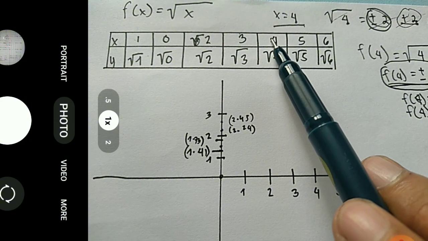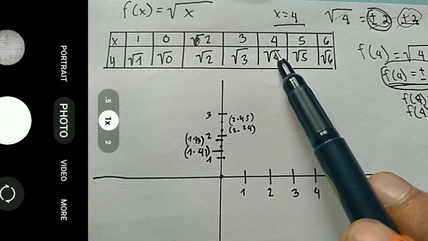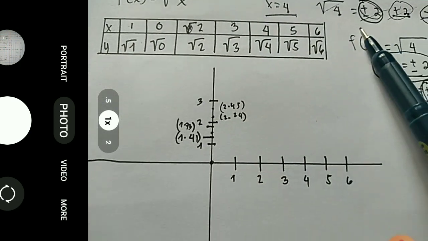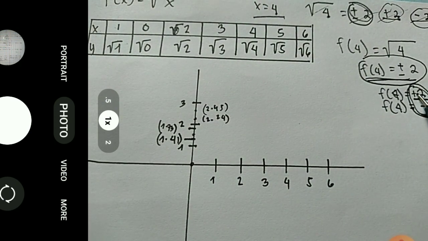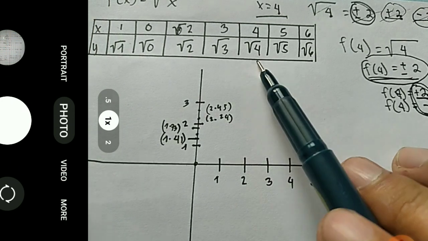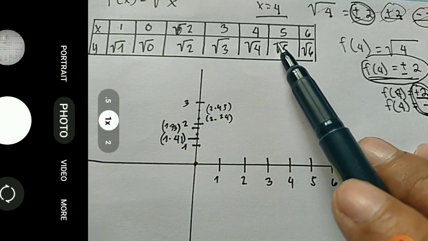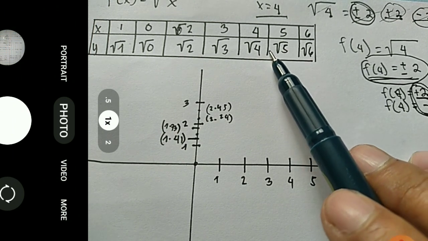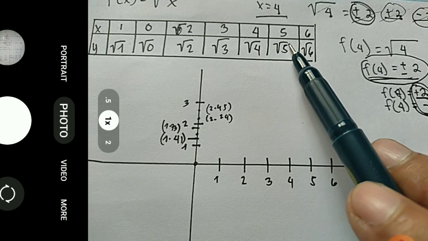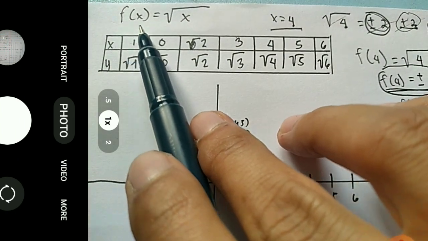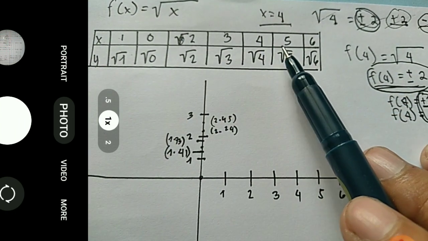And if x is 4, y is the square root of 4, which is positive or negative 2. And again, we only use the positive 2. So if x is 5, the square root of 5, we obtain a positive and negative value, and again we only use the positive value. So we can satisfy the concept of a function.